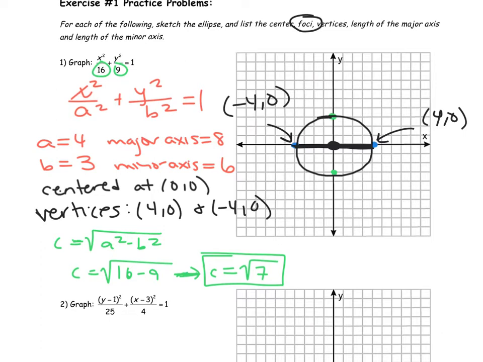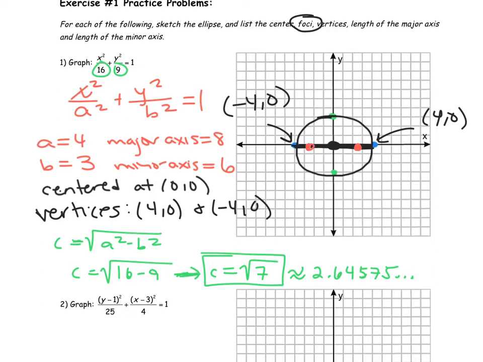So c being radical 7, now that's approximately, if you want to think about that in terms of a decimal, 2.64575, blah, blah, blah. Okay, so if I were to sketch that in from the center, we're going to go 1, 2.6, so that's roughly here. There's one of the foci, and then 1, 2 here.